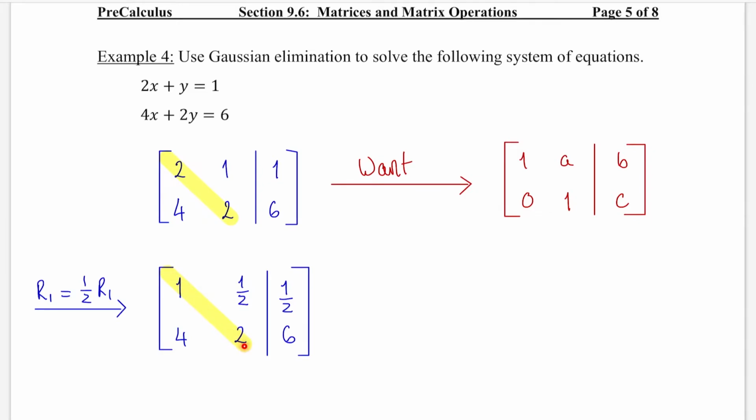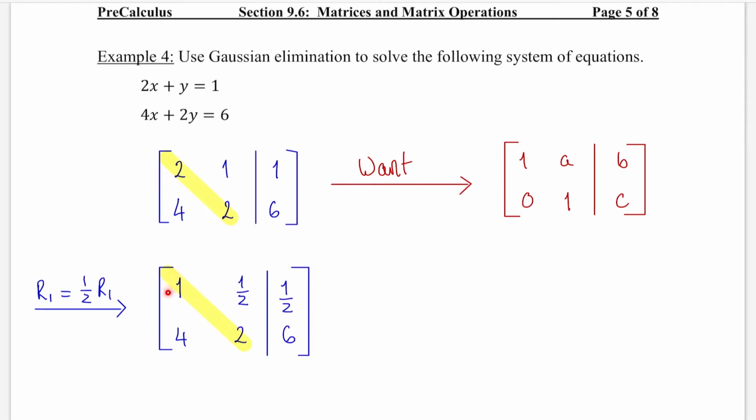So I have the diagonals. This is already 1. I want this to be 1 and I want this to be 0. So I will turn the 4 into 0 first. Remember, we can add 2 rows. If I take 1 plus 4, that is 5. That's not 0. In order to add the 2 rows and make this 4 become 0, I need to take -4 plus 4.